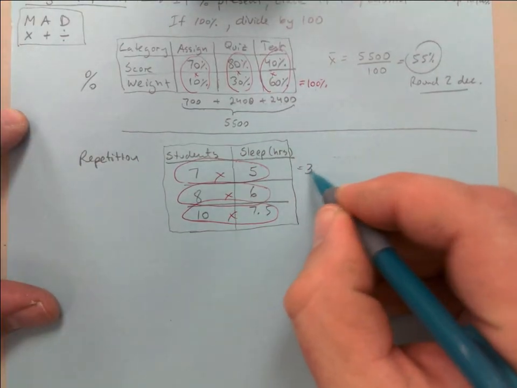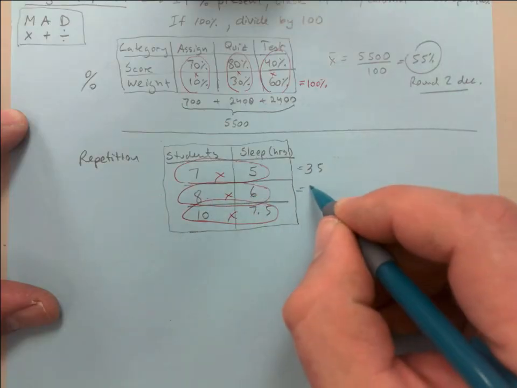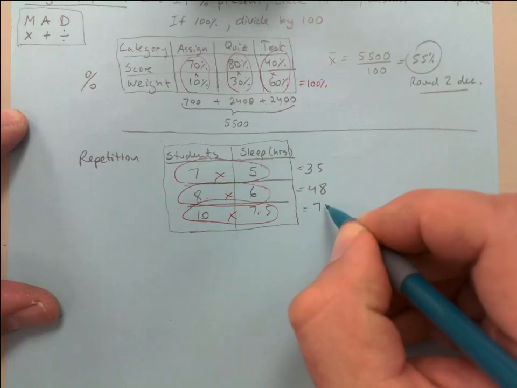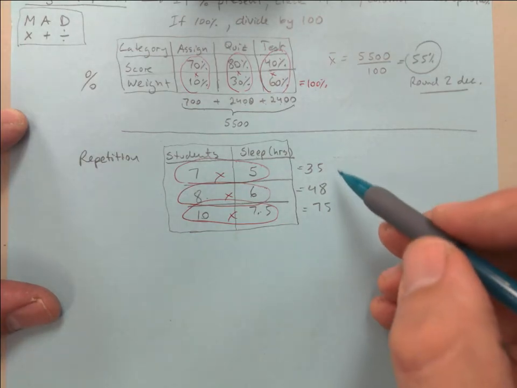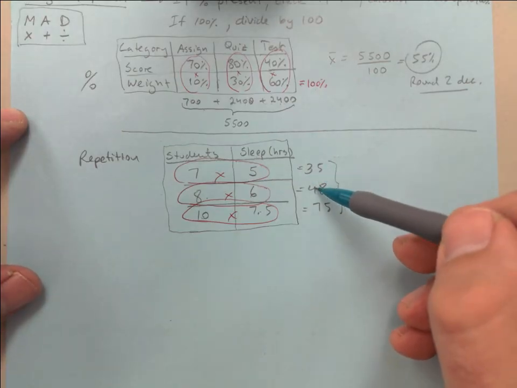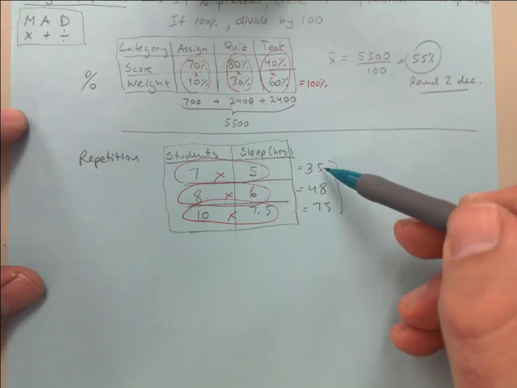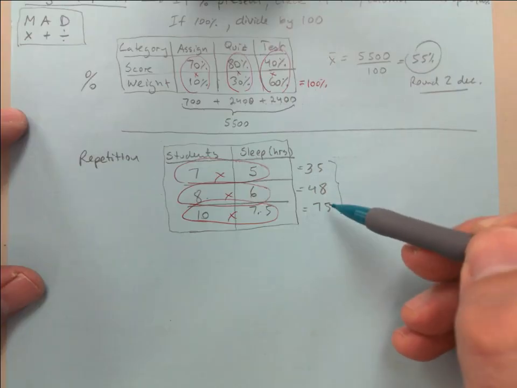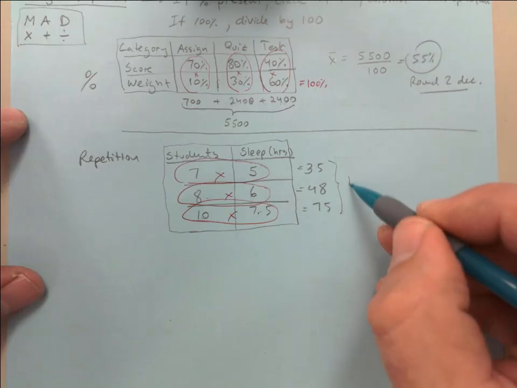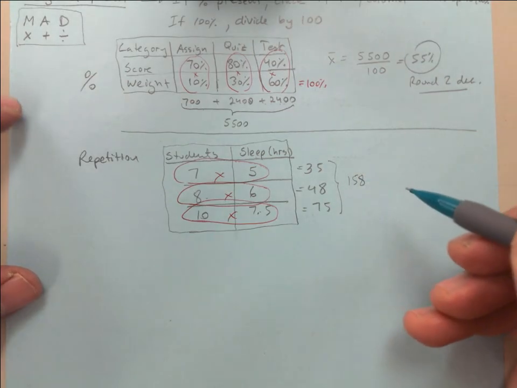And you get 35, 48, 75. You add this up. This would be 78 plus 5, 83, 88, 158. Can you double check that, someone?